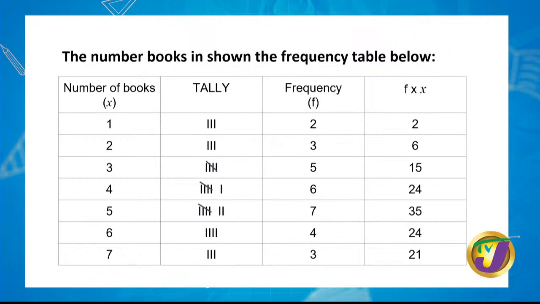So that should have been 2 strokes for the tally column. So we actually have 2 persons with 1 book in their bag. And we have 5 students with 3 books each. That would be 15 books for those 5 students. And we can continue going down, and that will give us the number of books for each of these groups of students.